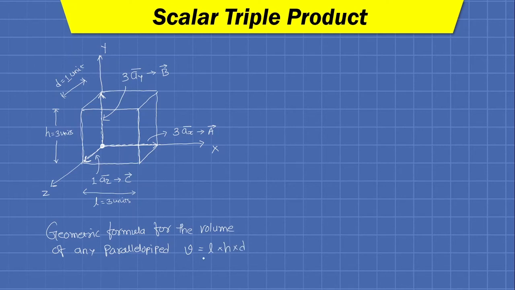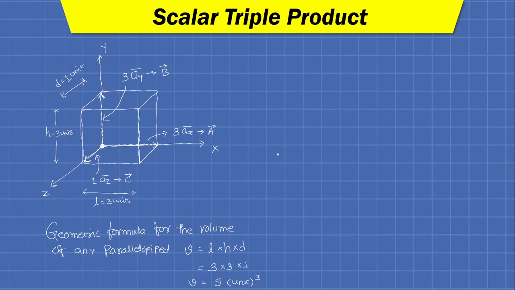Here we have defined the depth. So length is 3 units, height is also 3 units, and depth is 1 unit. So the volume will be 9 cubic units. This unit may be anything, centimeter, meter, anything. But the volume of this parallelepiped is 9.